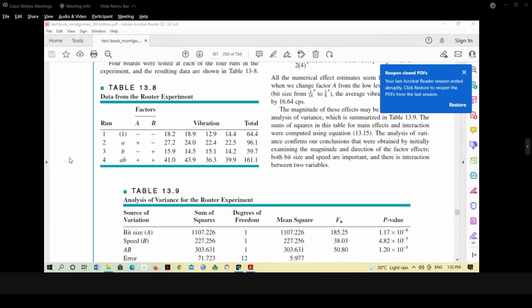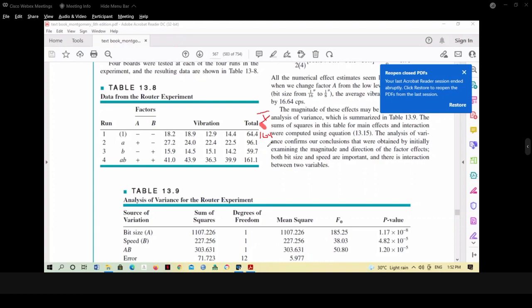Let me try to calculate here. X bar, this one, 64.4 divided by 4 gives 16.1.